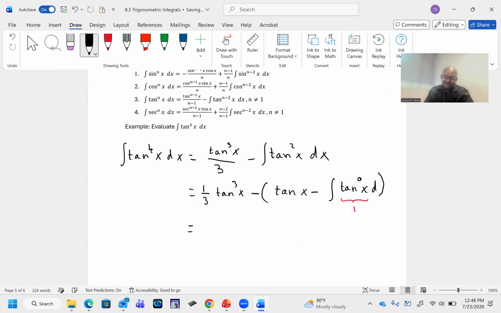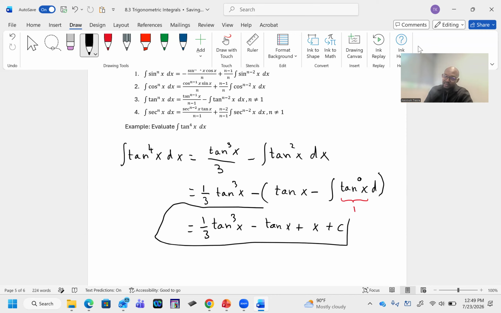So my final answer will be 1/3 tangent to the power of 3 x minus tangent x minus x. Minus and minus will be positive, so plus x, plus c. This will be my final answer.